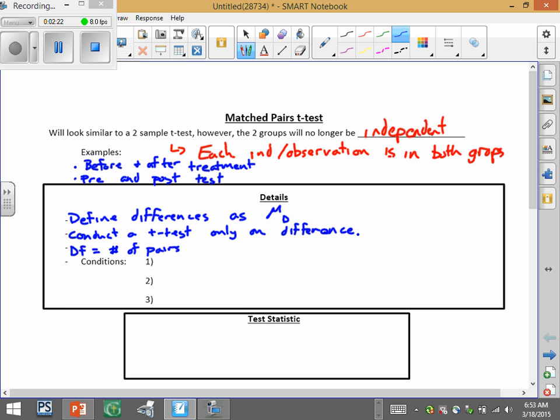So the conditions for us, we still want random. You still want more than 30 differences, or you want the differences to be normal.